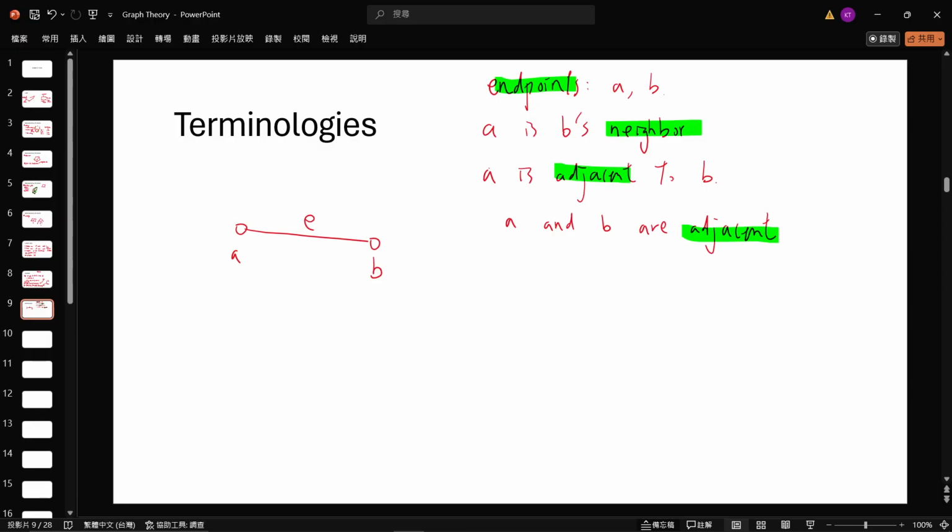But when we consider one vertex and one edge that connect to each other, we use a different word. We use incident.